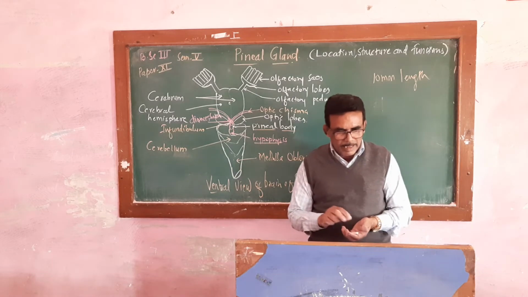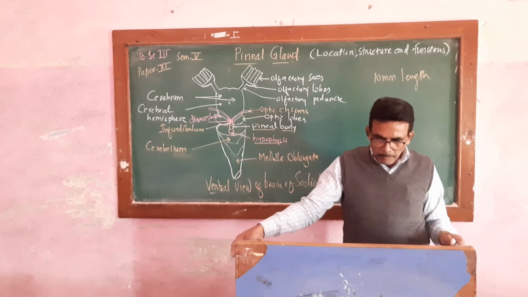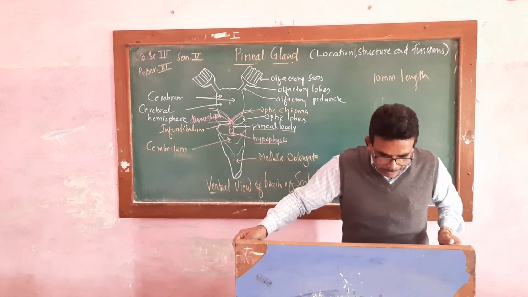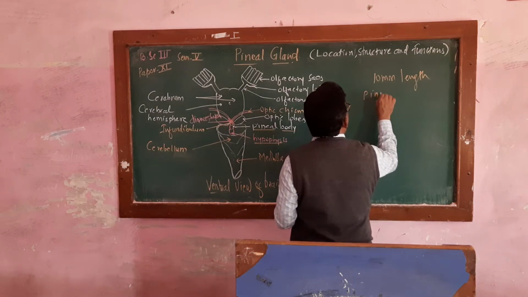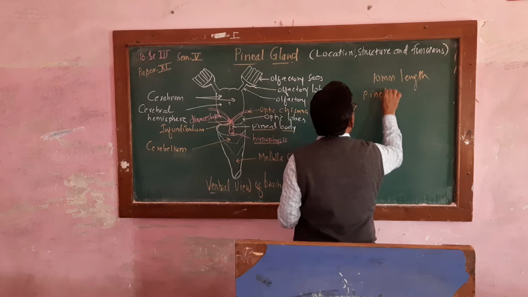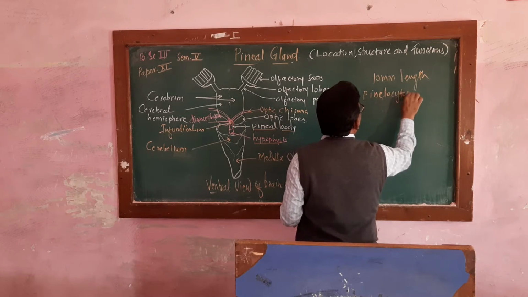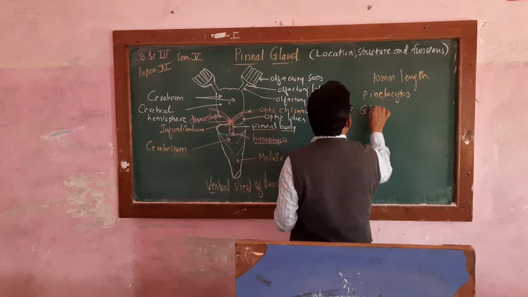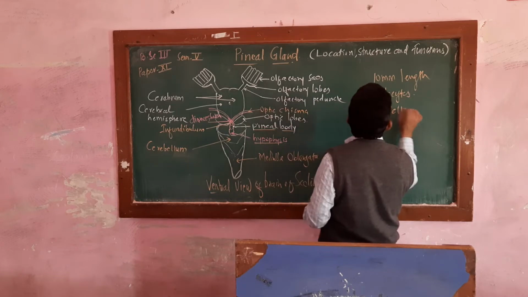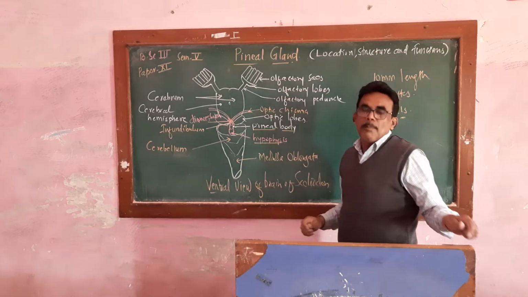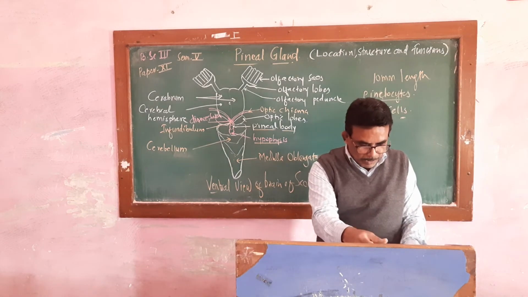The pineal gland is composed of pinealocytes and glial cells. These two components are found in it.